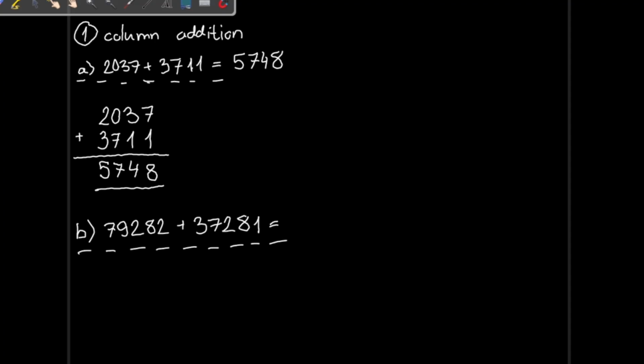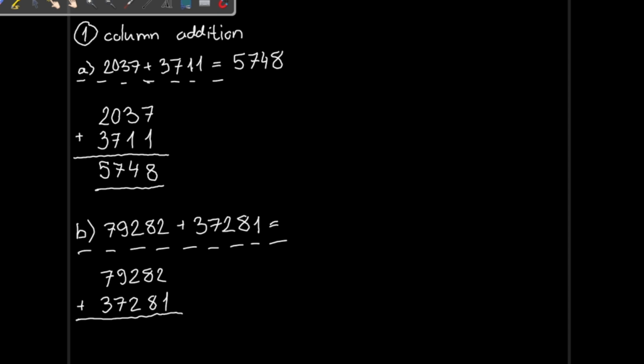Once again, we write these two numbers in a column. We have 79282 plus 37281 and the line. Alright, so let's add these columns together.